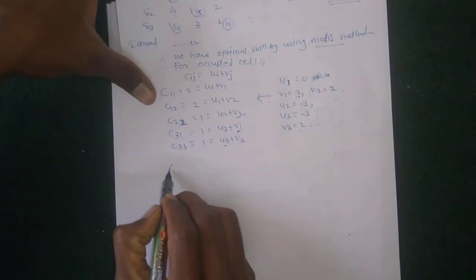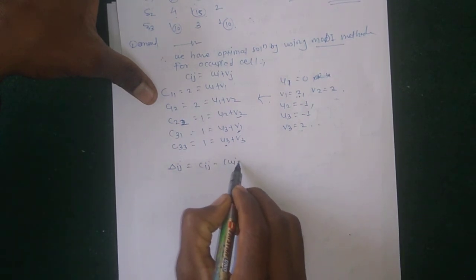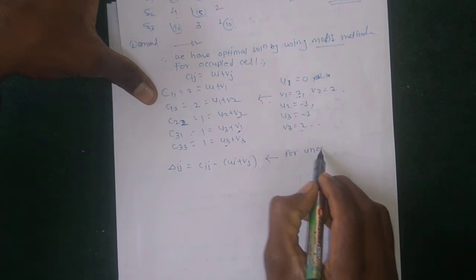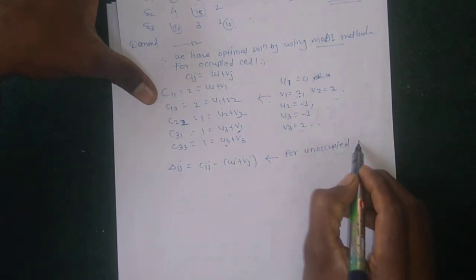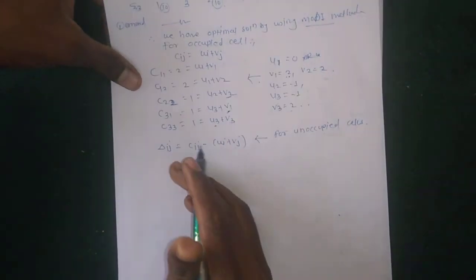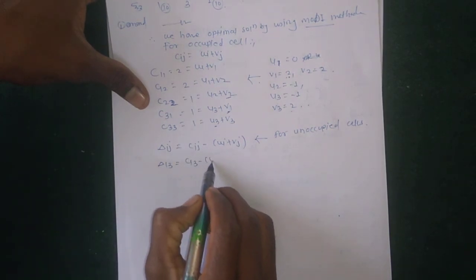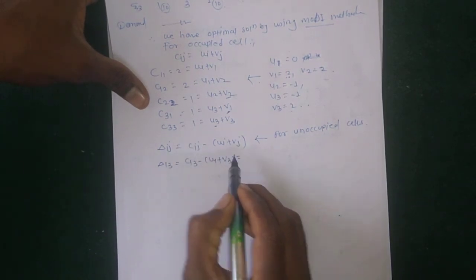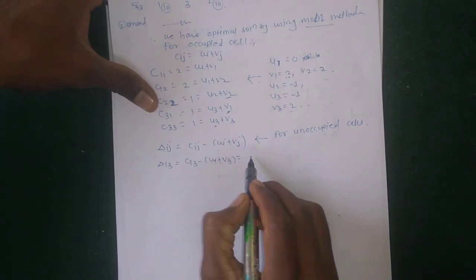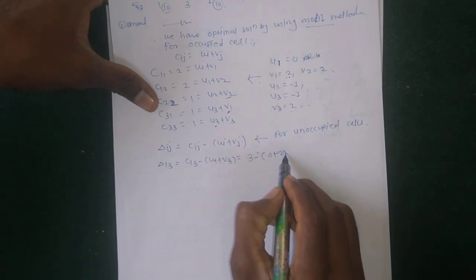Okay, and then find delta ij. Delta ij is equal to Cij minus (ui plus vj) for unoccupied cells. Okay, for unoccupied cells find delta ij. So delta 13 is equal to C13 minus (u1 plus v3). C13 has value 3, minus (0 plus v3, which is 2), is equal to 1.